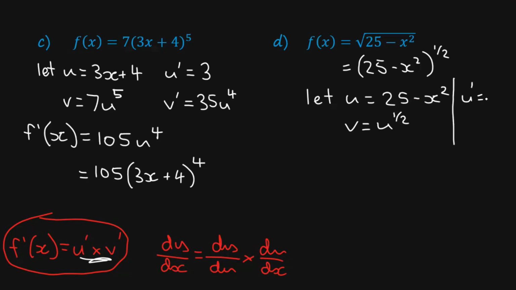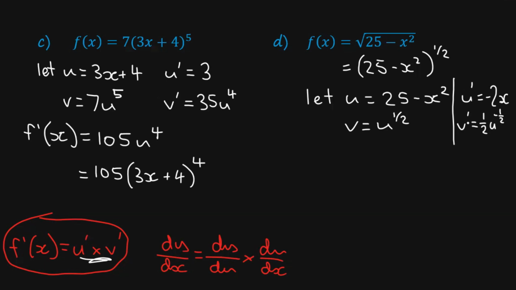So the derivative of u is going to be minus 2x. I think that's right, minus 2x, yeah. And then the derivative of v is going to equal a half, and then u to the power of negative a half. Okay, so remember what I've just done here is taken that index and put it at the front, and then I have to subtract 1 from that index. So it's going to be a half minus 1, which is going to go down to minus a half.